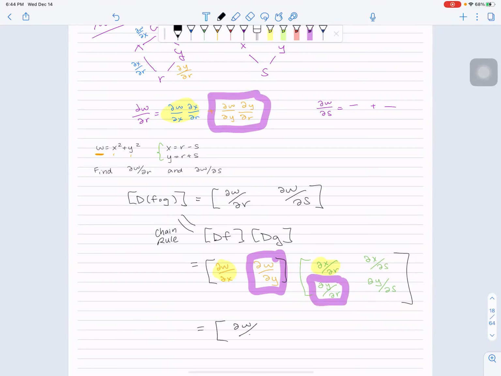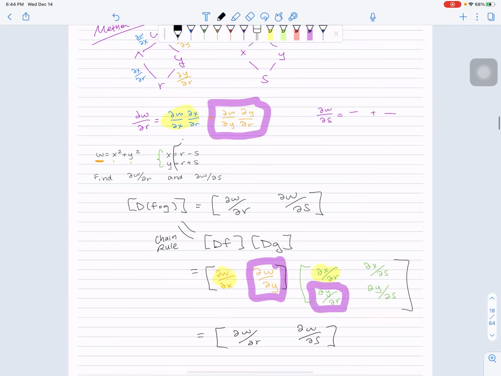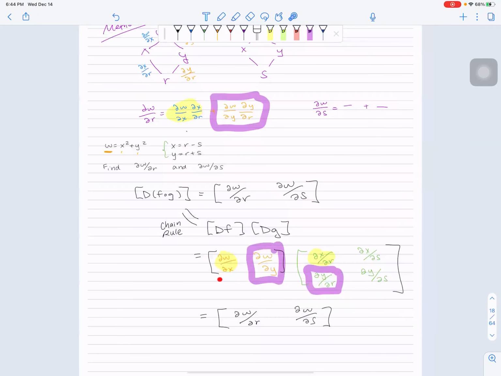So that's why the first term will be w with respect to r, and if I did the other matrix multiplication, I would get w with respect to s exactly. You can work this out with the actual variables, but I just wanted to give an overview. Okay, any questions on chain rule?